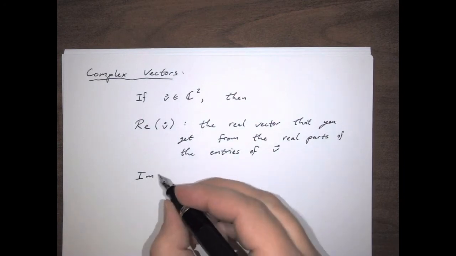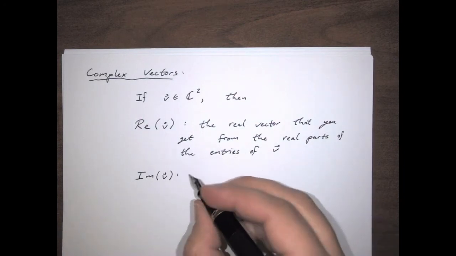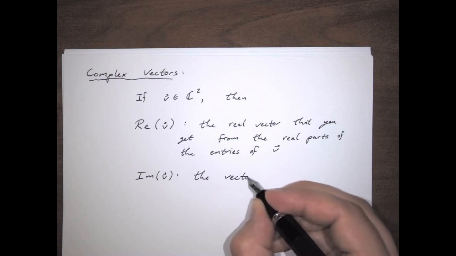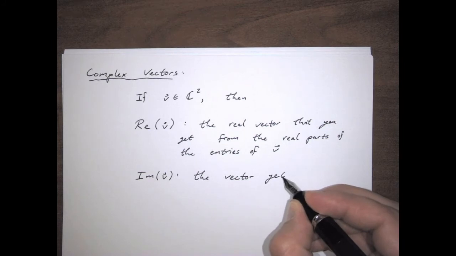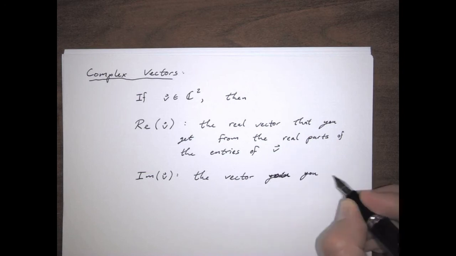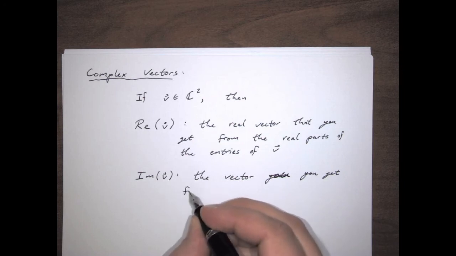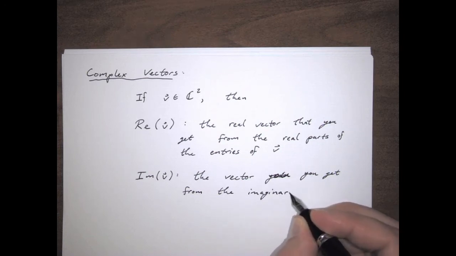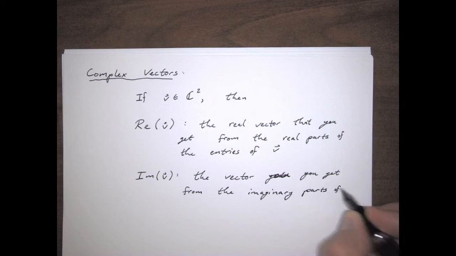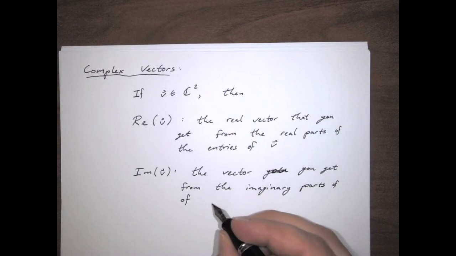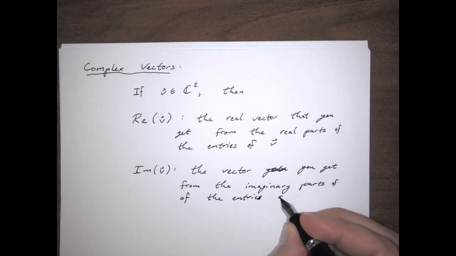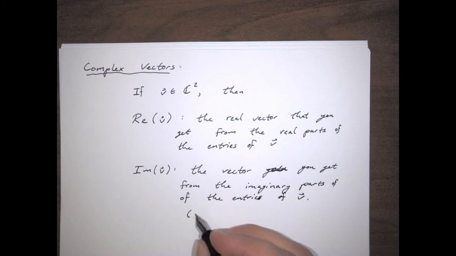is the vector you get from the imaginary parts of the entries of V. So in other words, the coefficients of i.